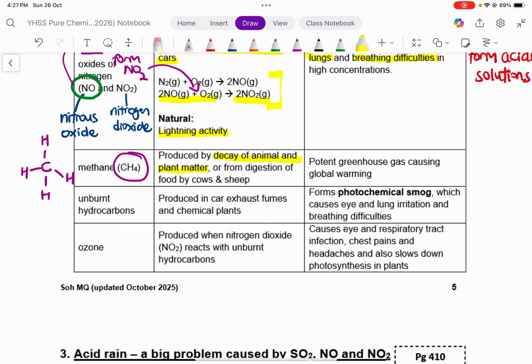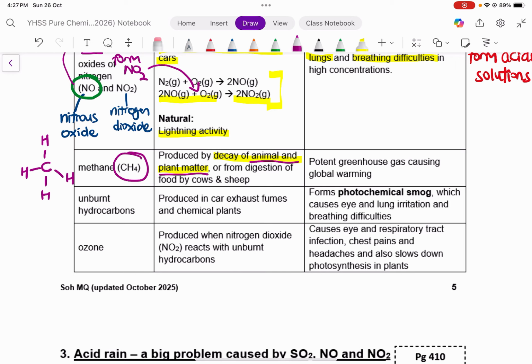When we say animal and plant matter, we could mean dead animals and plants decompose. It releases methane. Besides that, the feces from animals can also decay to give methane. So that's what we mean by animal and plant matter.